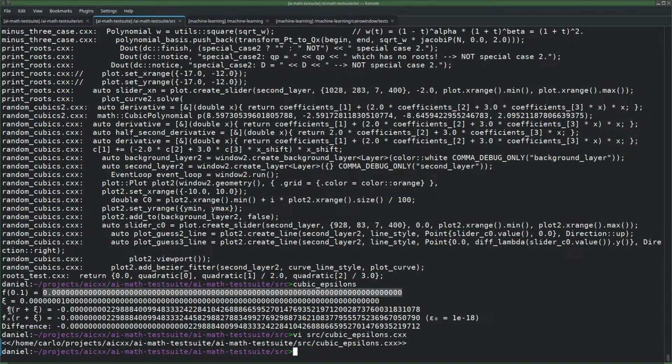This is then the f of xn, and this is the f of xn with epsilon equals 10 to the power minus 18, and the difference is this. So this is our error term, and now the question is, how does this thing relate to epsilon 0 and the rest?